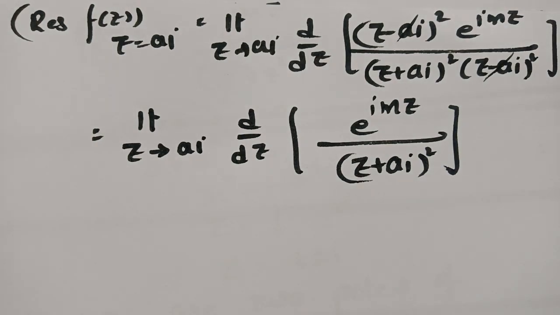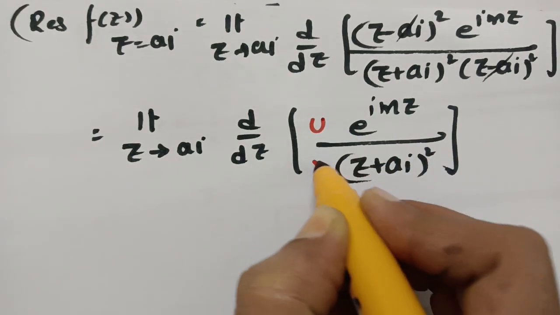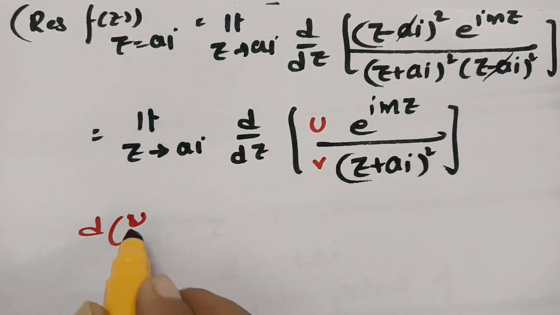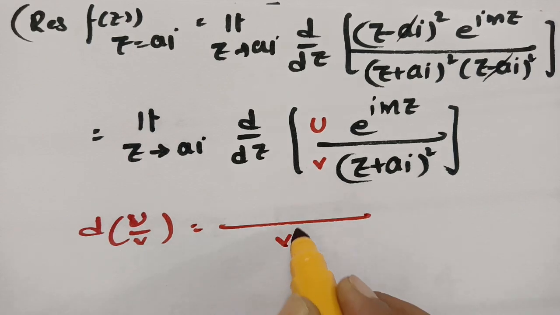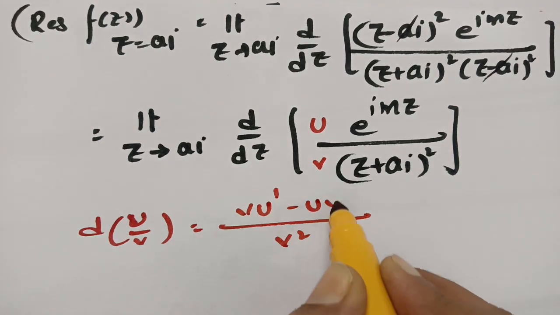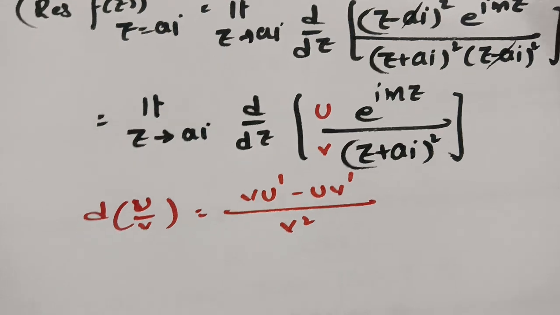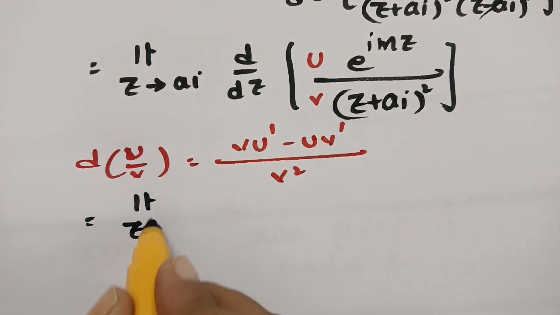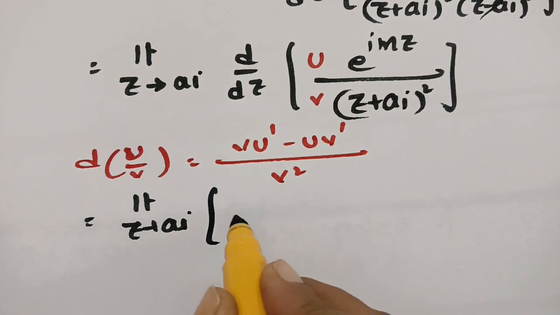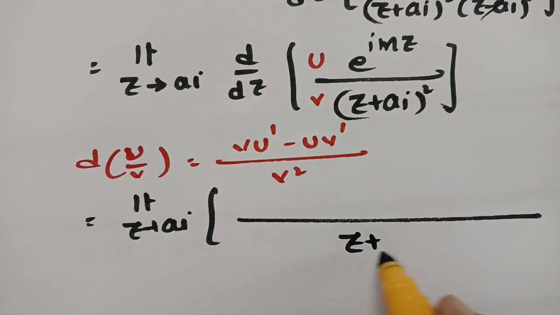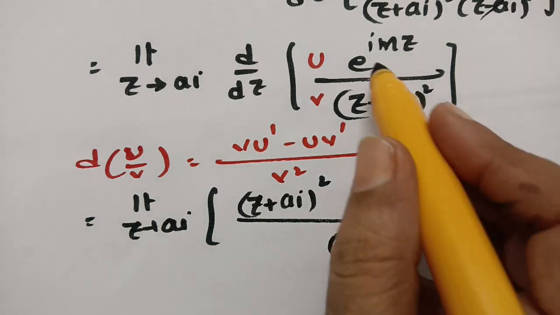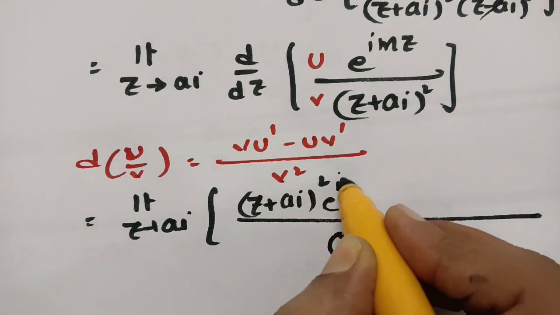So this is by the u by v rule. This is u and this is v. The numerator is u and the denominator is v. So the derivative of u by v is nothing but v square, v u dash minus u v dash. Clear? And therefore if I apply this formula, this will be limit z tends to ai of v square, that is z plus ai whole square, and the derivative of u is im e power imz.